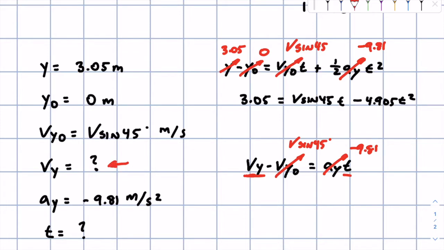We don't know final Y. So let's count. We've got 1 unknown, 2 unknowns, 3 unknowns. So we've got 3 unknowns, 2 equations. We know that we can't solve this. So this is exactly how I know that we need to move on to the x-coordinate.